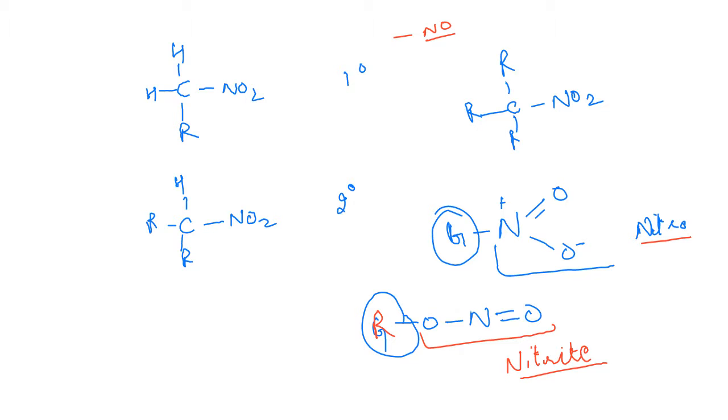Now, structure of nitro group. So what is the structure? See, there are two types of nitro group, means we can represent it in two ways.